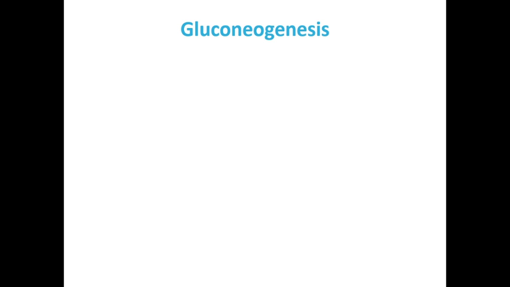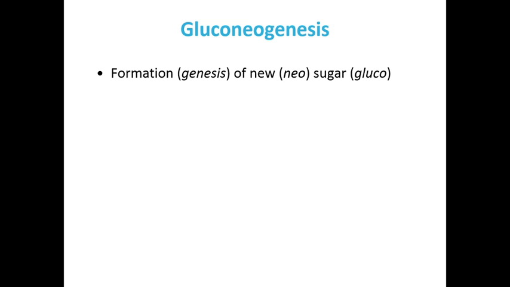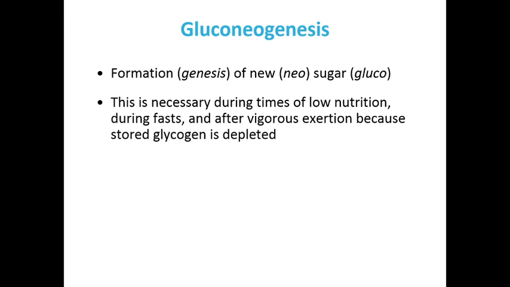This brings us to our next topic, gluconeogenesis. What does gluconeogenesis mean? It means formation of new sugar. This process is necessary during times of low nutrition, during fasting, and after vigorous exertion because stored glycogen is depleted.